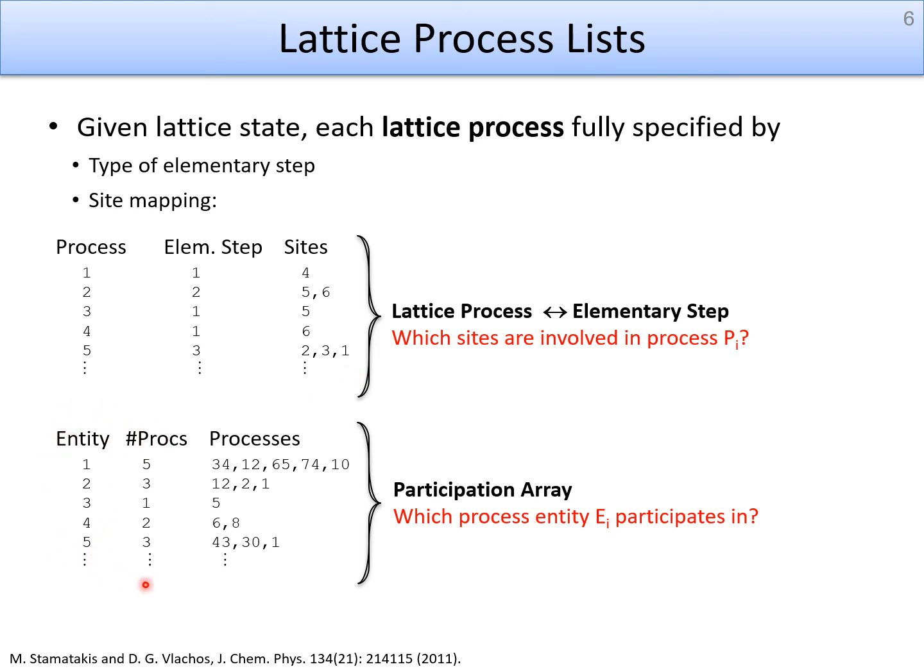So in this array, which we call the participation array, we ask the question, which processes does entity EI participate in?